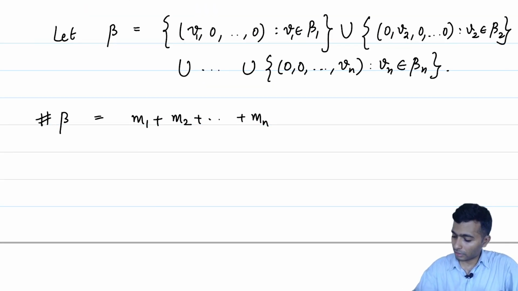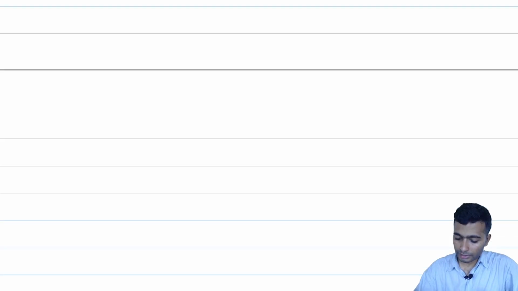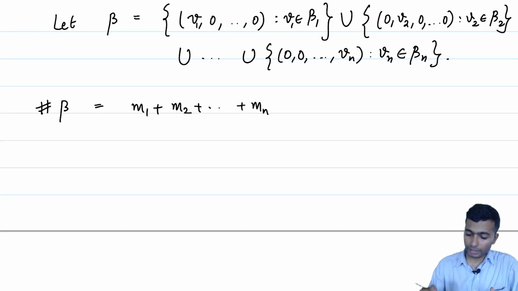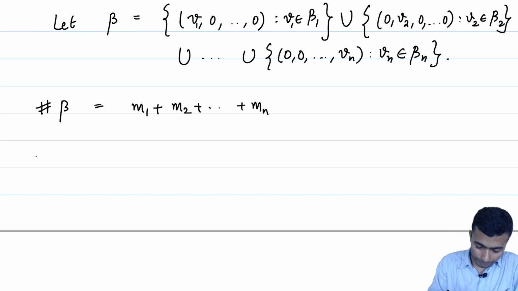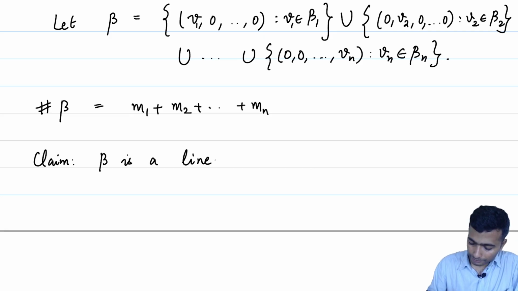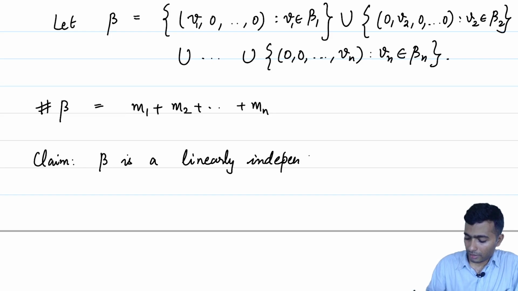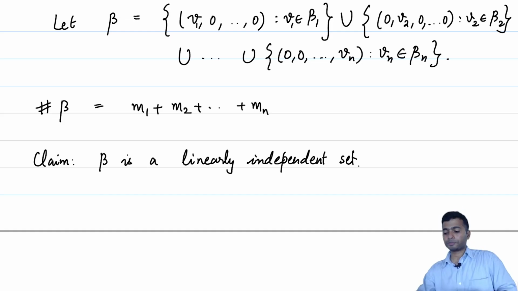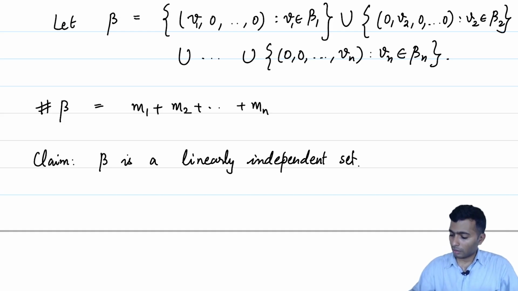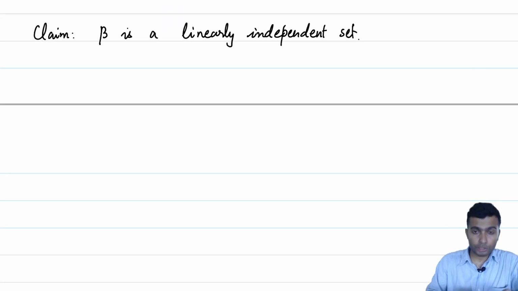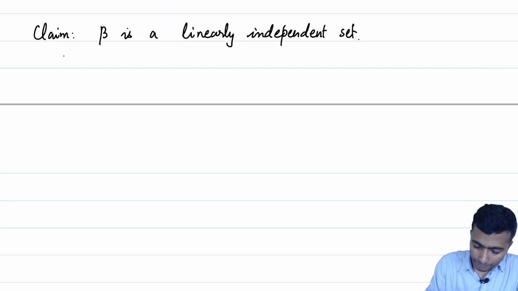Okay, so how do we see that beta is a linearly independent set? So, let us start with that. Claim: beta is a linearly independent set. So, suppose there is a linear combination which is equal to 0, then we will have a relation of the following type.